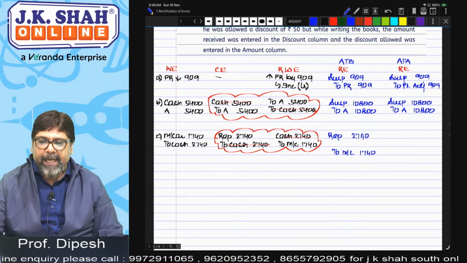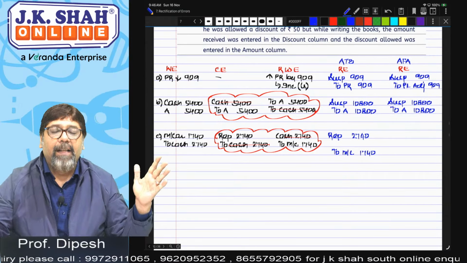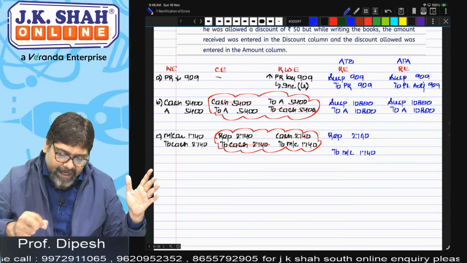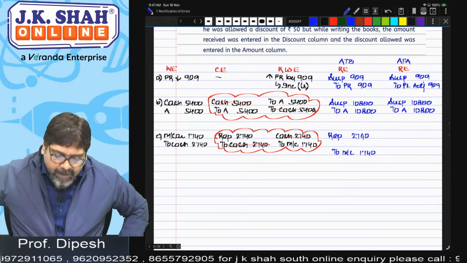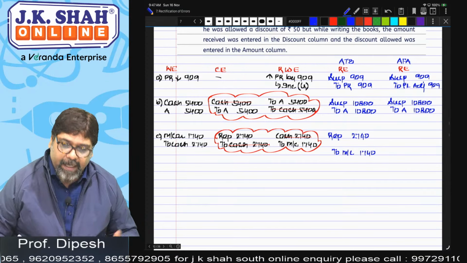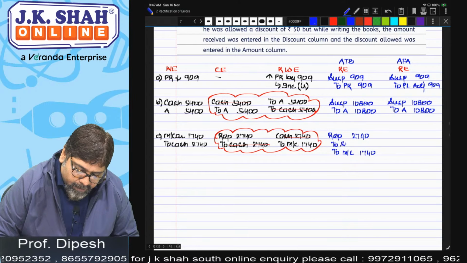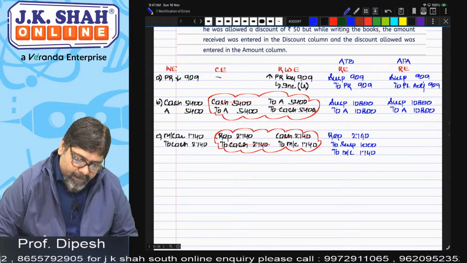Is it a complete rectified entry? No, it is not a complete rectified entry. Then what to do? Write a sentence indicating the impact of rectification. Write a sentence and after trial balance, to complete this, use suspense account.